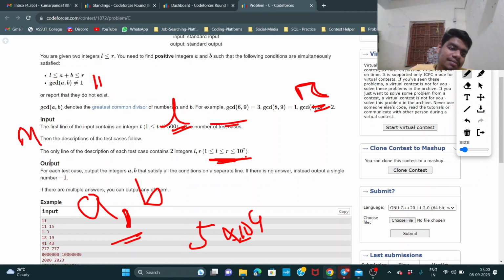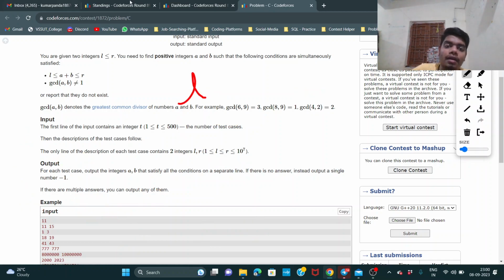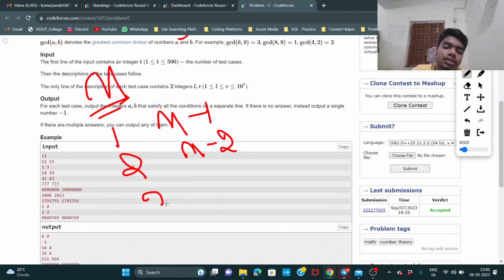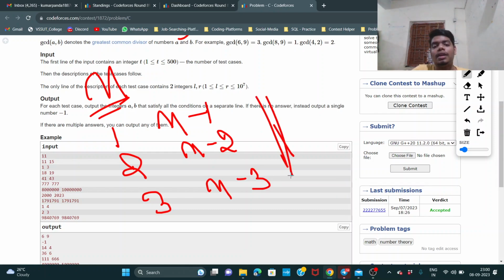For a number x there are a lot of pairs: 1 and x minus 1, 2 and x minus 2, 3 and x minus 3.